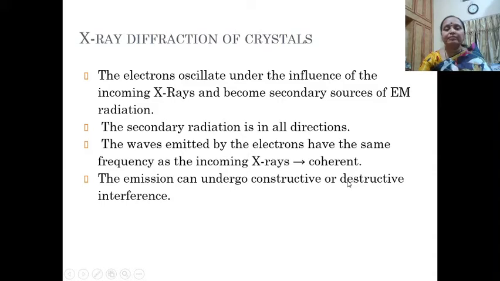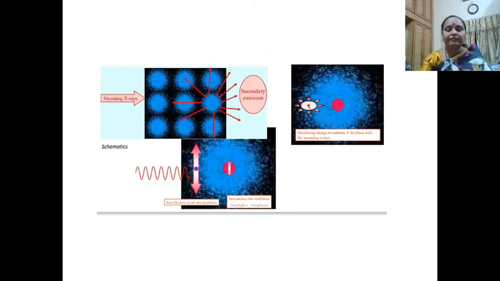The waves emitted by the electrons have the same frequency as the incoming X-rays. They are coherent. The emitted electromagnetic radiation can undergo constructive or destructive interference.